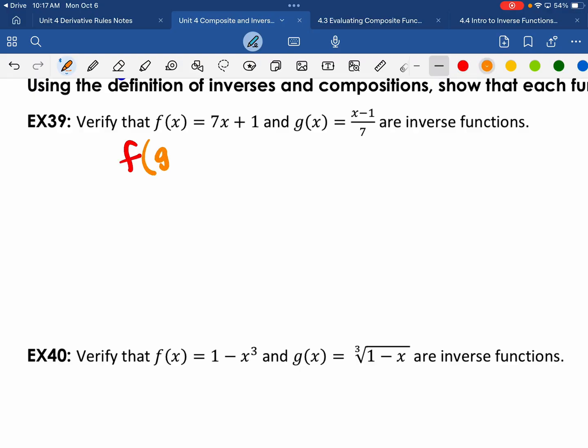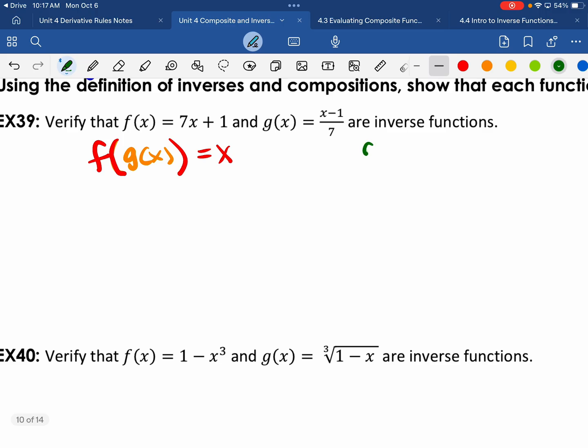First thing is you have to show me that f of g of x is going to equal x. And you have to go the other way, and you have to go g of f of x and show me that that equals x. So you have to go both ways. So this is just like lazy work. It should be easy because everything should end up canceling except for x, but you have to do it in steps.